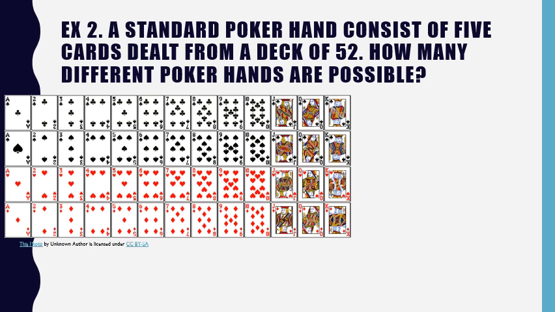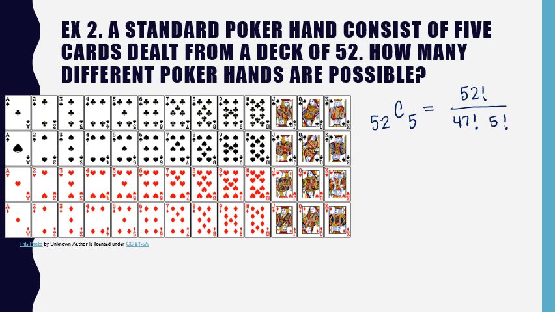Because if we shuffle those cards in our hands, the order doesn't matter, so it's a combination. So this would be 52 choose 5. It's going to be 52 factorial over 52 minus 5, which is 47, and then times 5 factorial.